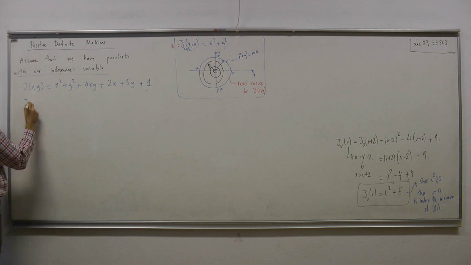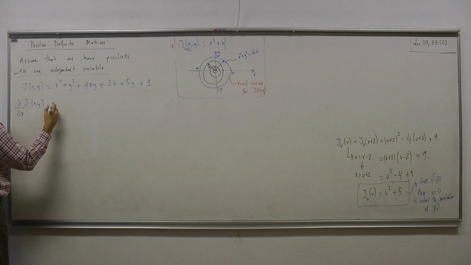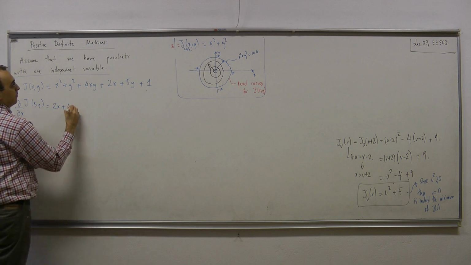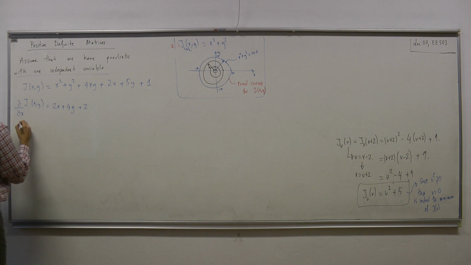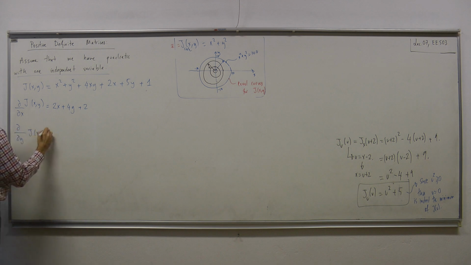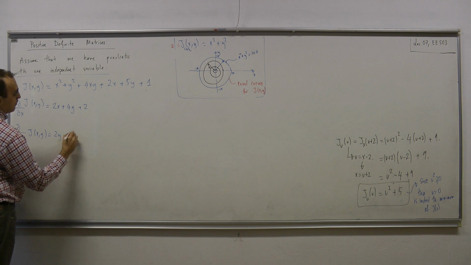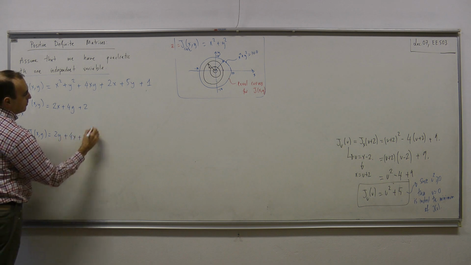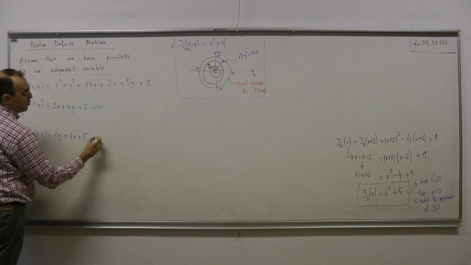So this time you are taking partial derivatives with respect to x. Okay, partial derivative with respect to y. And equate these partial derivatives to 0.